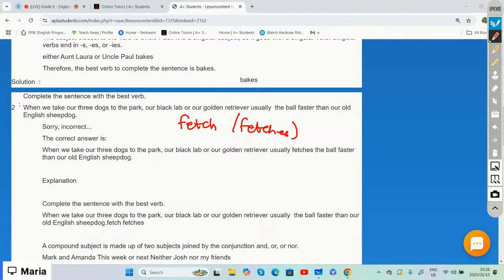So fetch or fetches. And if we were to choose the correct option, we'll say, because now they're saying that our black one, so the black dog usually fetches. So fetches.